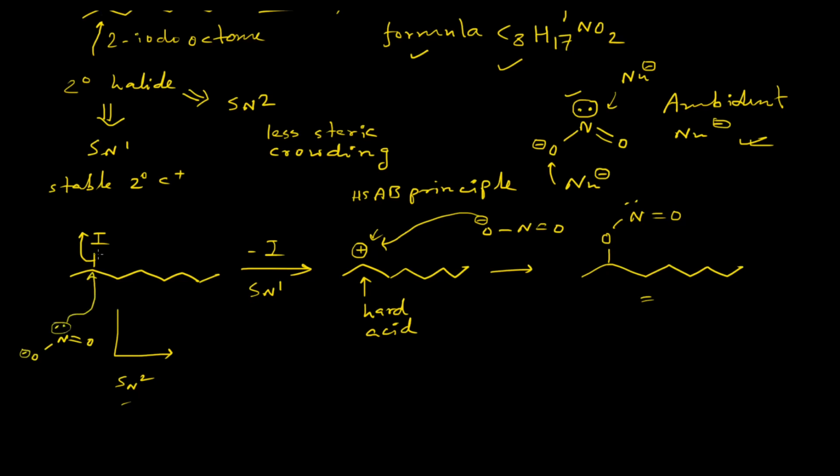So it will attack this carbon center, which is less sterically crowded, and this I- will essentially be kicked out from the system, and the reaction will proceed via this transition state.